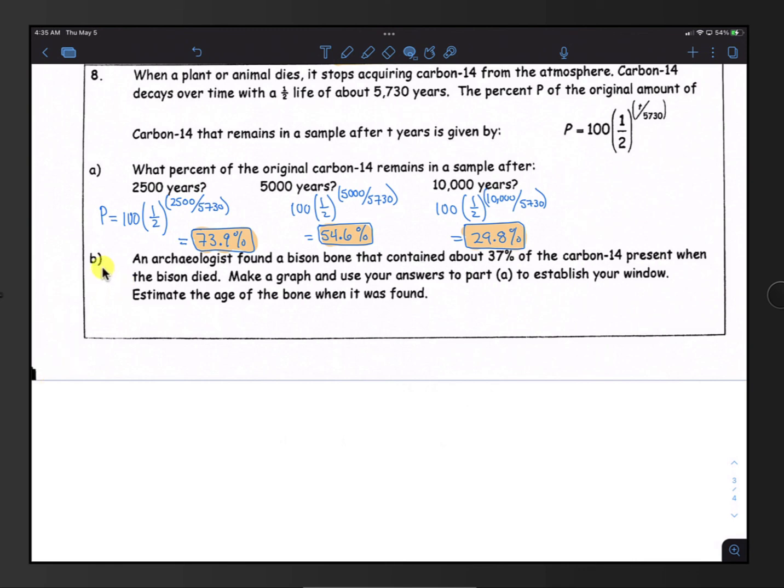All right, now question B. An archaeologist found a bison bone that contains about 37% of the carbon-14 present when the bison died. Now, I'm thinking that this might be a typo, a typing error. I'm thinking that 37% of the carbon-14 is left when the bison was found.